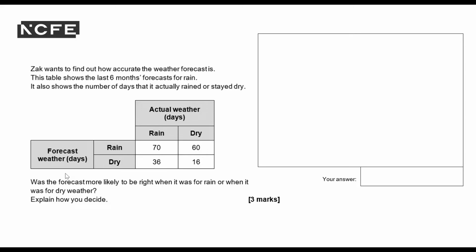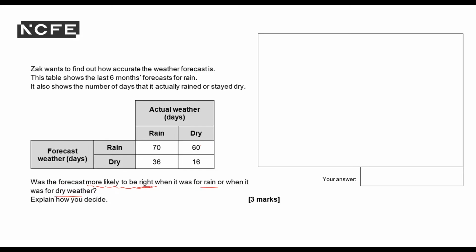So ultimately, I'm going to focus on my important information. So my important information is basically this table. But the question is, was it more likely to be right when it was for rain or when it was for dry?